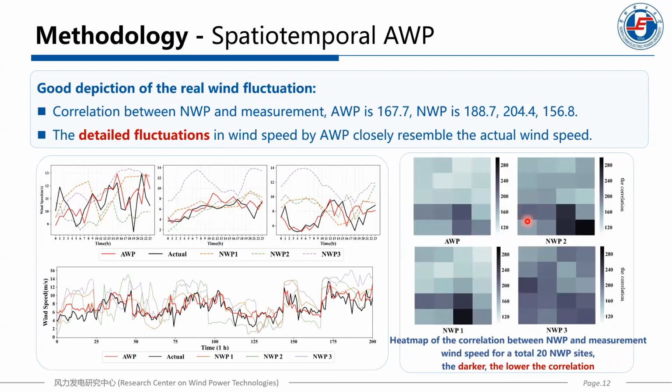And also a similar conclusion from the fluctuation at the time scale resolution: AWP data is better than the original NWP. You could see it can show the real fluctuation more, or fit the real fluctuation better than the NWP data.